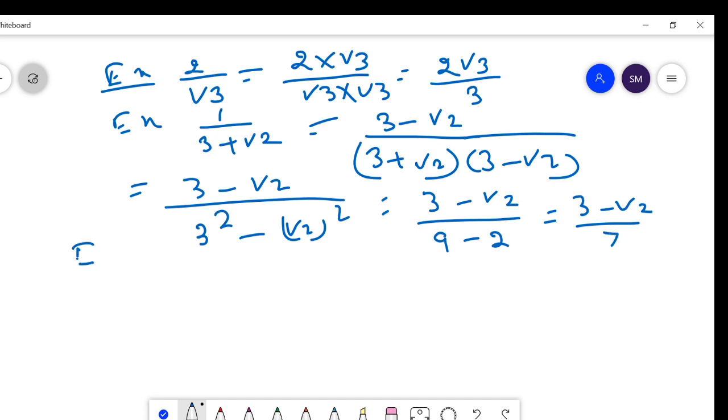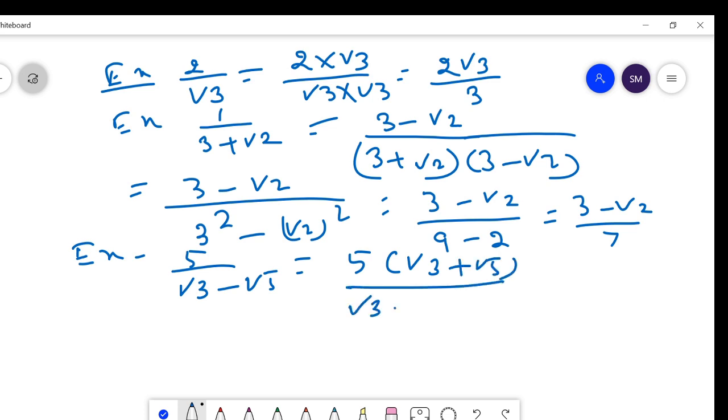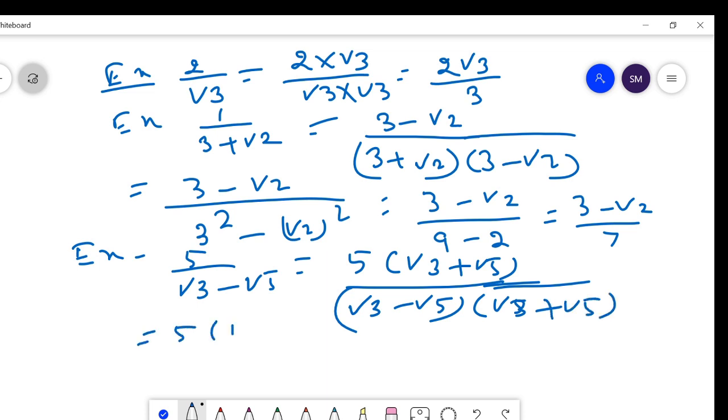Then more example. 5 upon root 3 minus root 5. Then rationalize this denominator. Then multiply root 3 plus root 5 in numerator and root 3 plus root 5 in the denominator. Then at the denominator you get a plus b into a minus b form. Then what is?